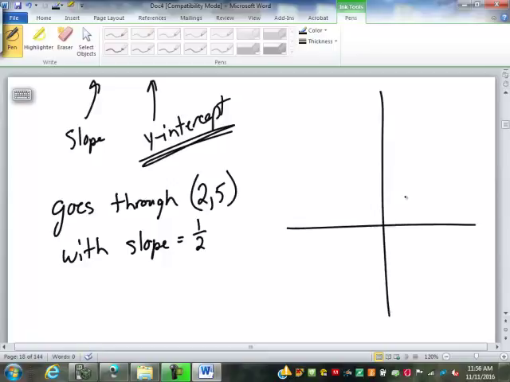Now, here's where you have to be careful. Slope goes vertical, then horizontal. It goes up and then over. When I'm plotting a point, the 2,5 here, remember when you're plotting coordinates, the first coordinate is horizontal. It's side to side, so it's going over 2. The second coordinate is our vertical, up and down, so we're going up 5.